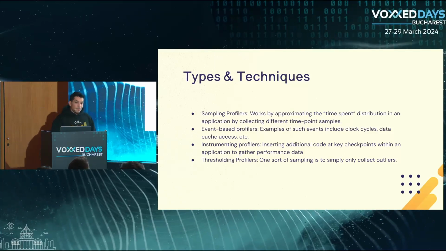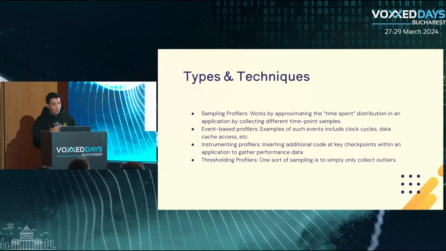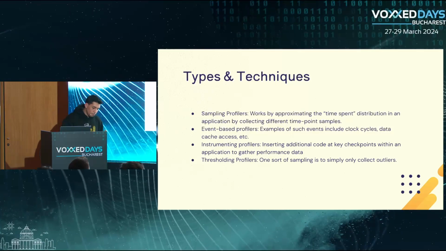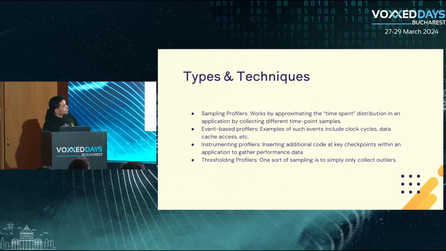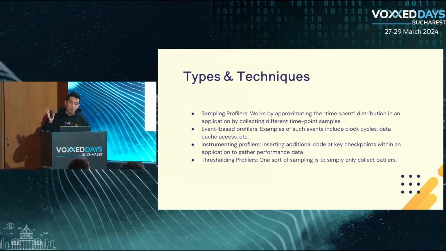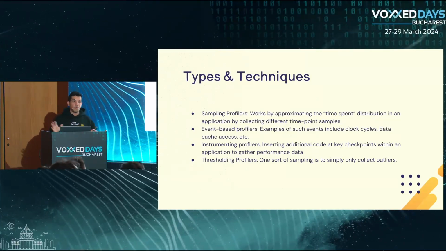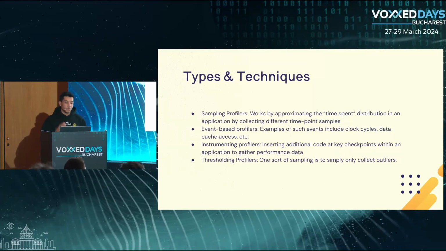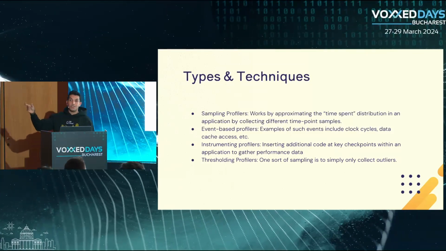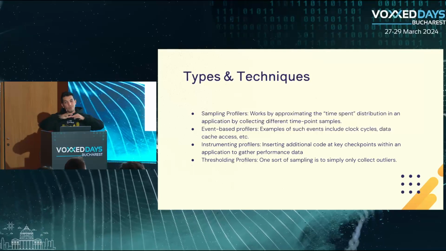There are different types and techniques to do profiling, and I will talk a little bit about four. The sampling profiling is the very simple, very straightforward one. It's basically collecting data at a specific period of time. In terms of CPU, it is always running.